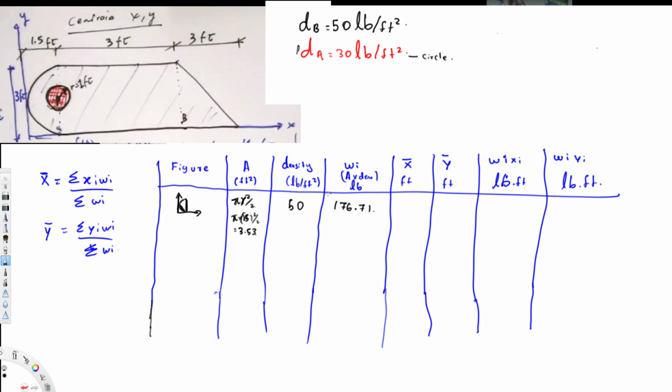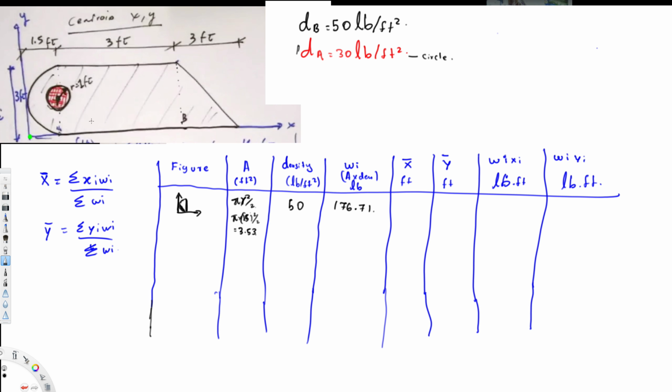And now I have to find the x bar. So let's set this one. This is my original point, so I have to calculate all the x bar or y bar from this origin. In this case, x bar is going to be the horizontal distance from this one. So it's going to be basically 1.5. No, no, actually it's not.